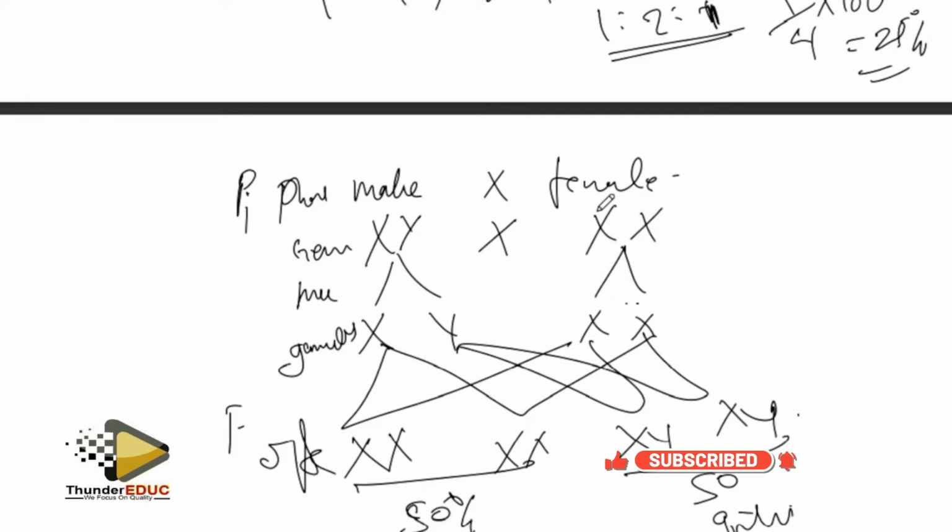If a male sperm having Y fertilizes the ovum, remember the ovum is always X, the individual will be X and Y, and therefore will be a male. There is a 50% chance of having a male and 50% chance of having a female. That's how you can describe sex linkage.